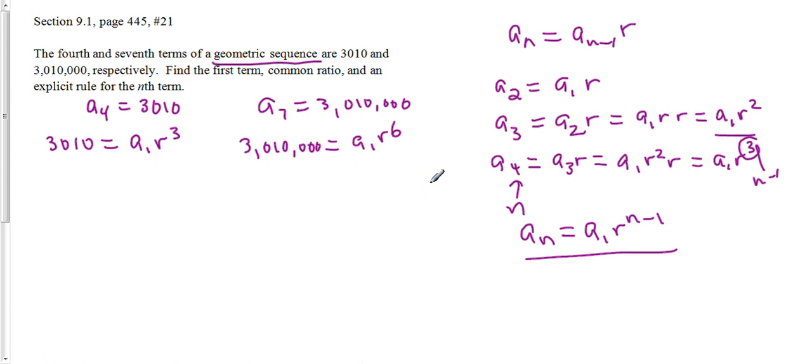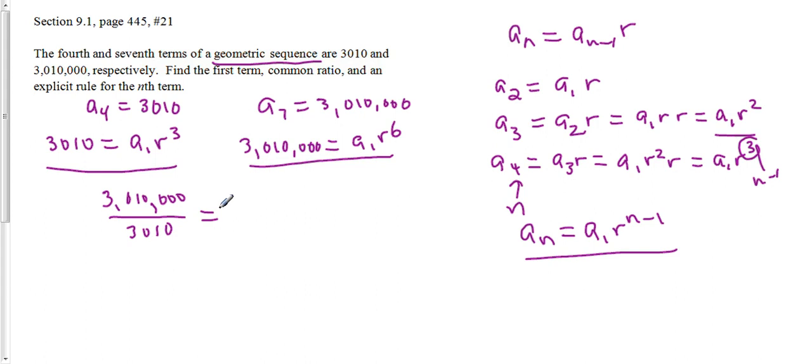Now we could do some substitution, but I would prefer to be a little more creative and take this equation and divide it by that one. So I'm going to have 3,010,000, and I'm going to divide that by 3010. On the other side, I'm going to have A1 r to the 6th divided by A1 r cubed. Now we can do some calculating and some simplifying. I can do the math on this side, and I end up with 1,000.